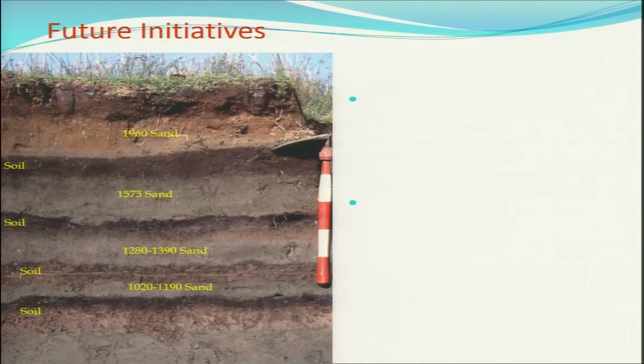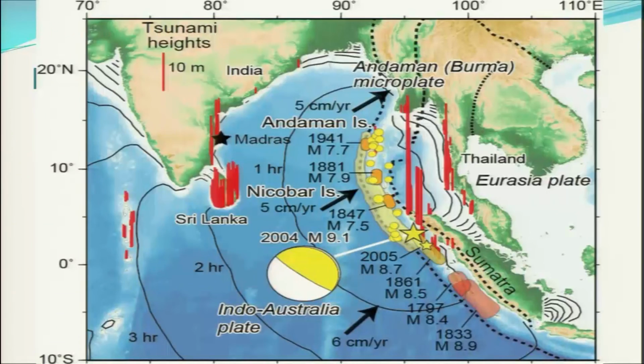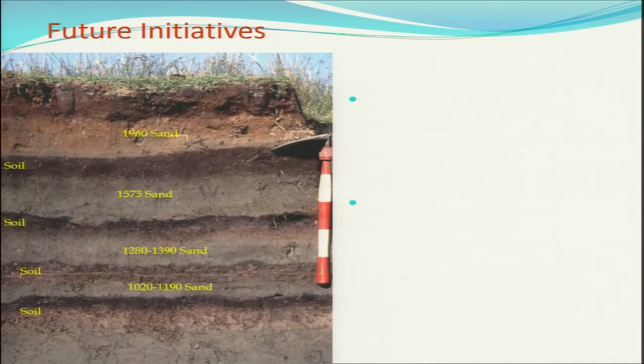If you look at the section from Moline, we have soil, then soil here, and in between some sand units. This clearly indicates that there were repeated events in this region which definitely affected the area in the past also.